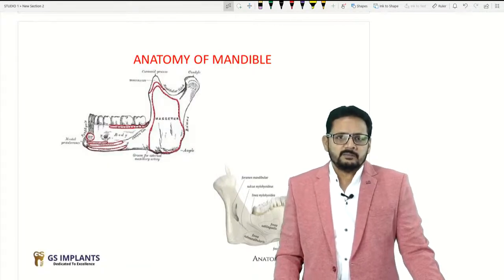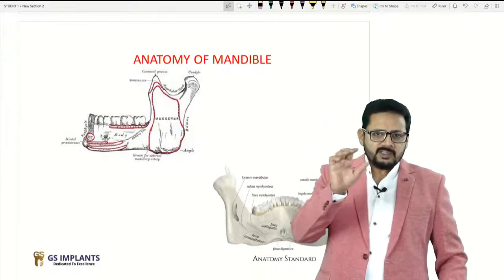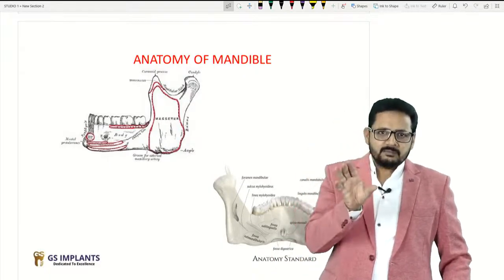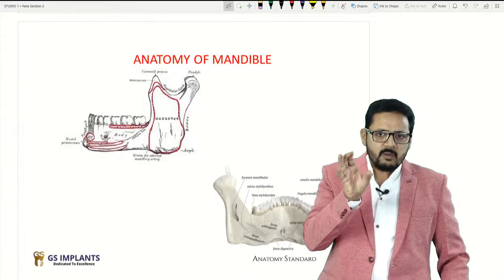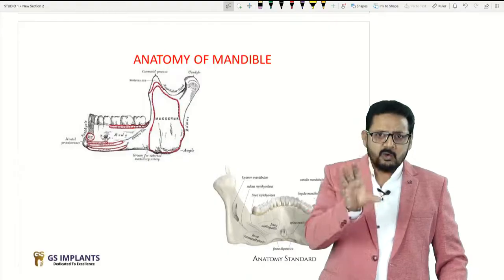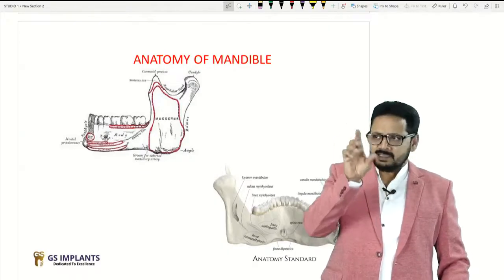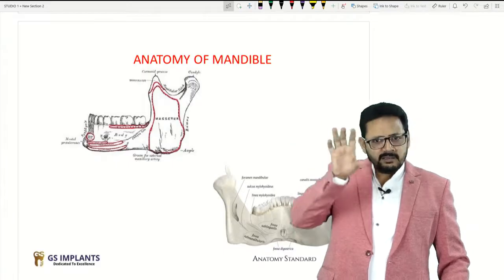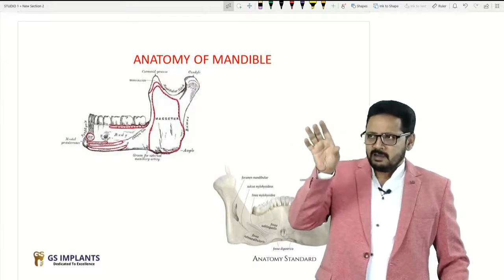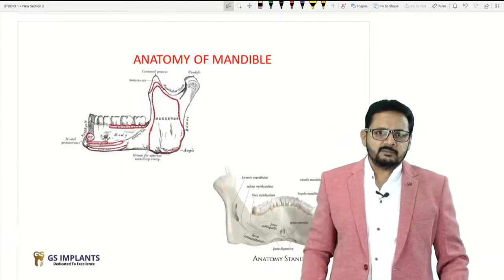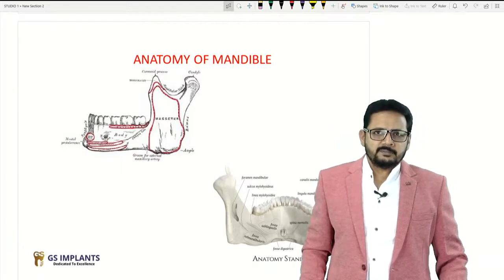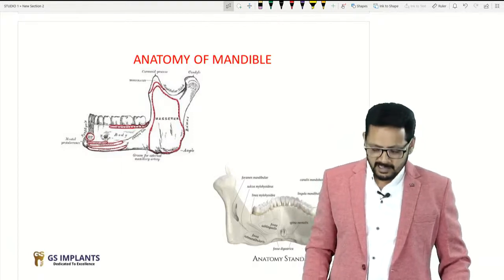So you tell me, my question is, in a clinical scenario, where will you know that this is the second molar, this is the mental foramen region? Any guesses? Okay, I'll tell you.